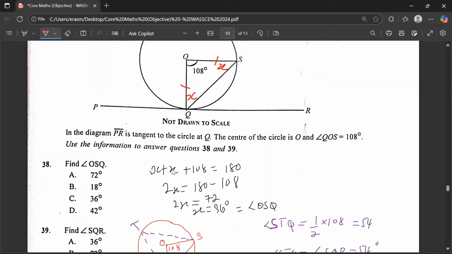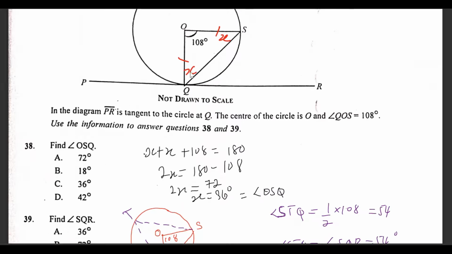And so X plus 108 must sum up to 180 degrees, right? Wait, 2X equals 180 minus 108. 2X equals 72 and X equals 36 degrees. And so this is 36 and this is also 36. Hence, angle OSQ equals 36. And that is option C.